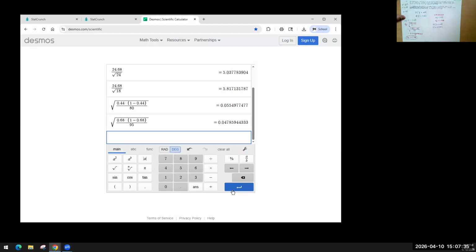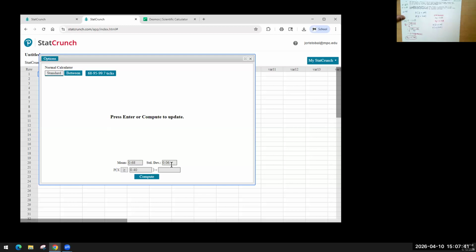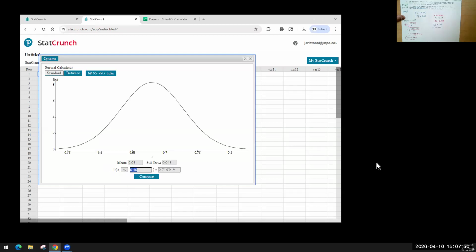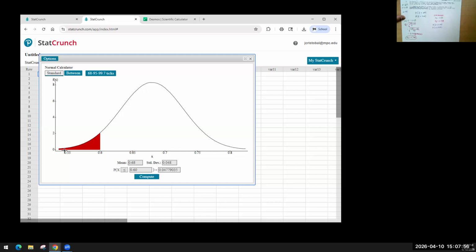So our mean 0.68, standard deviation 0.048, and we want less than, not 0.40, but 0.60.